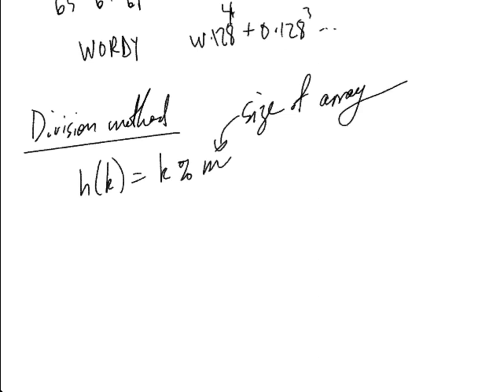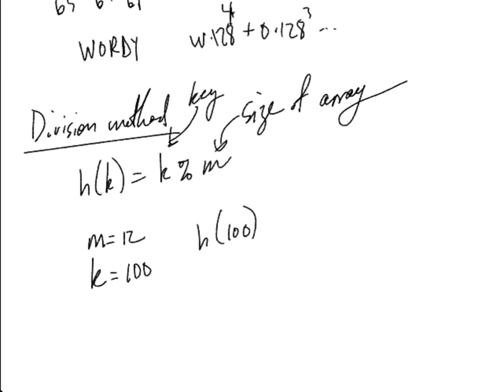So for example, suppose the size of our array is 12, and let k equal, say, 100. Then the hash of the key 100 is equal to 100 modulo 12, which is equal to 4.